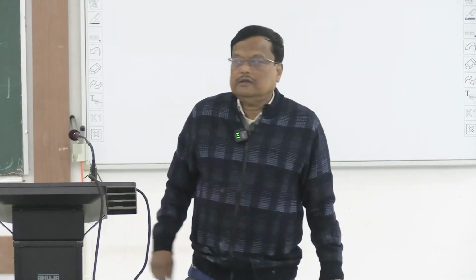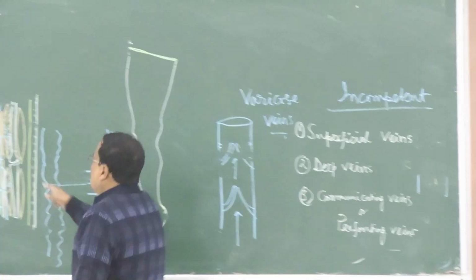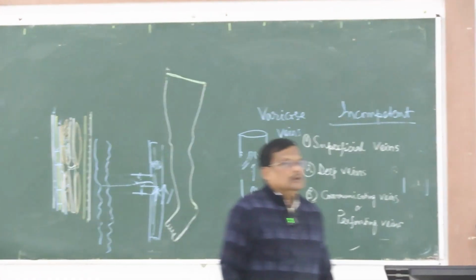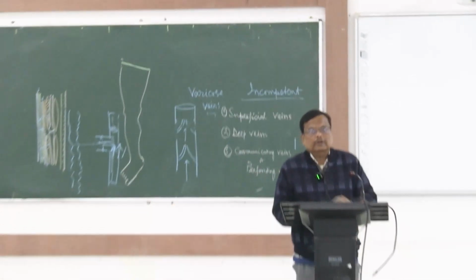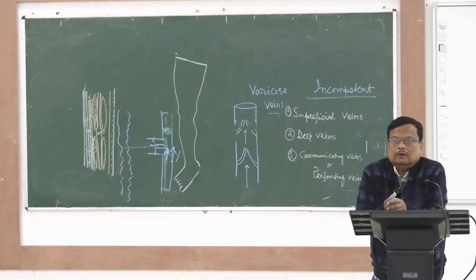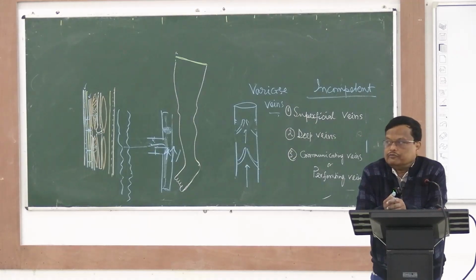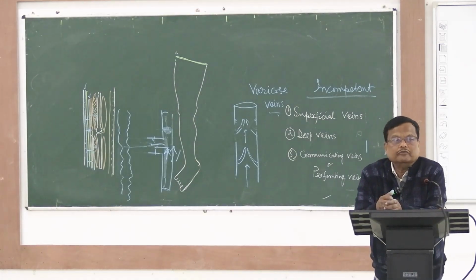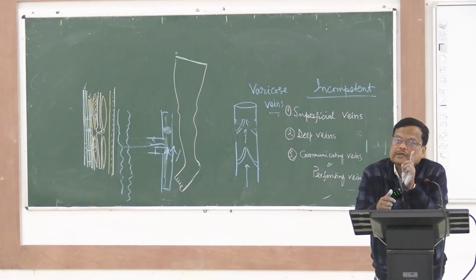Next thing is that, another thing, you look here, I draw here in the thigh, already I have told in class, in one batch. For example, the femoral vein or here the axillary vein is accompanied by a single vein.